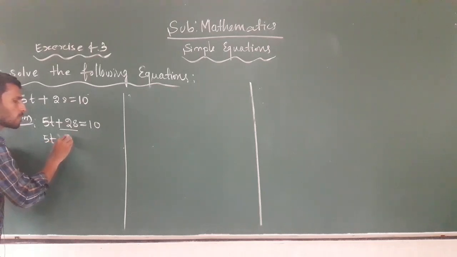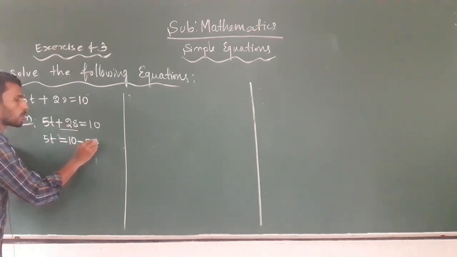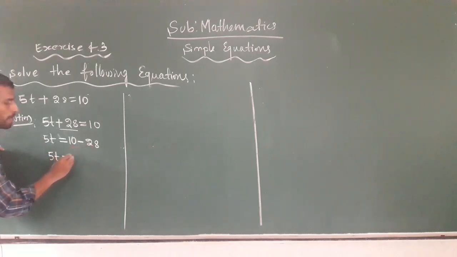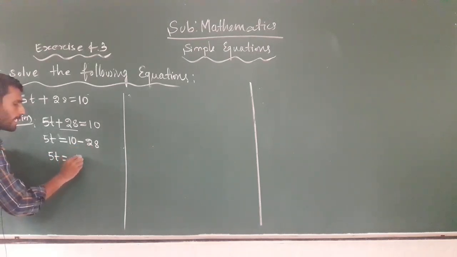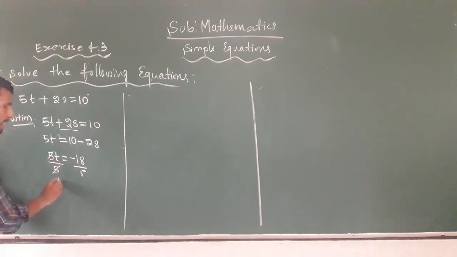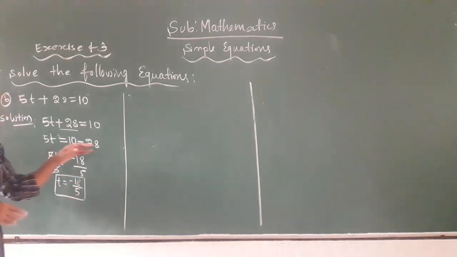Now 5t is equal to 10 minus 28. When we do the subtraction here, we are getting minus 18. Now when we divide by 5 on both sides, 5 will be cancelled, remaining t is equal to minus 18 by 5. This is the solution.